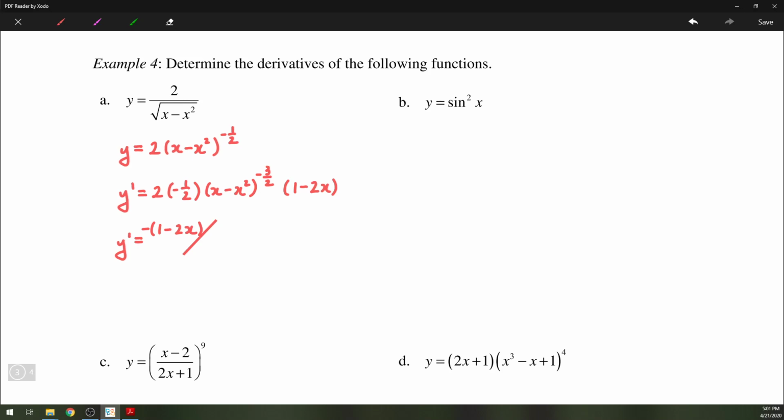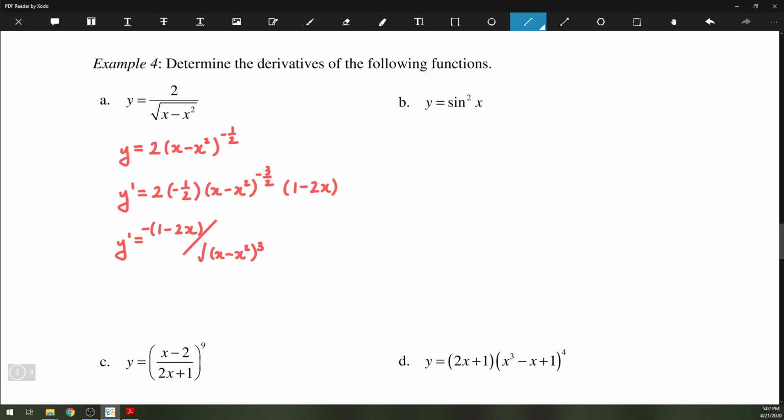Of course, that will work. And then this part here will be in the denominator, and you can write it as the square root of x minus x squared cubed, and then square rooted the whole entire thing, like so.